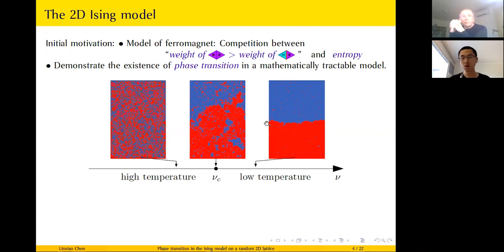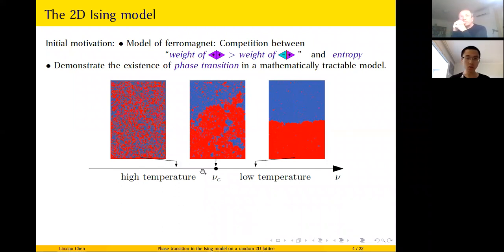Here the boundary spins of the configuration are imposed to be red on the lower half and blue on the higher half. So the tendency of the spins to align to each other creates an interface in between and two large chunks of aligned spins.